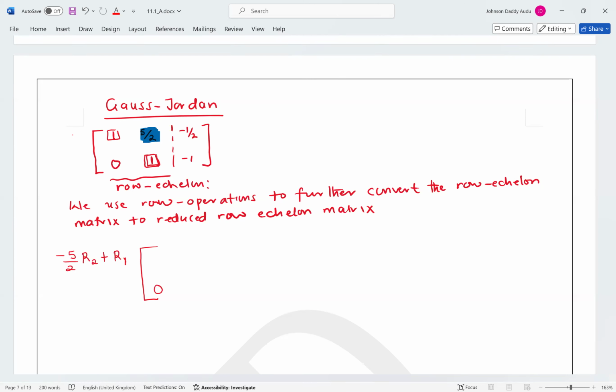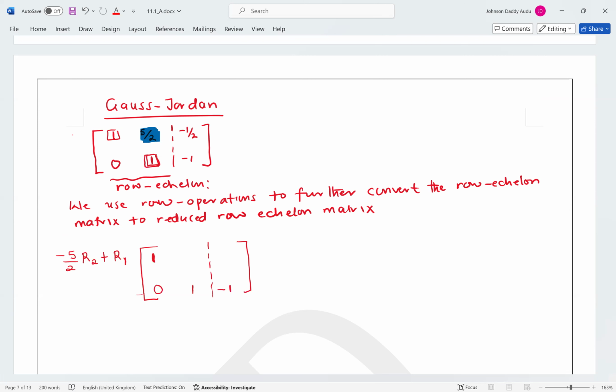So just repeat the entries for row 2. Now, how do we get this? Just apply this row operation, minus 5/2 R2. So you have minus 5/2 times R2. R2 is 0. The element here is 0 plus 1. So this will still remain 1.